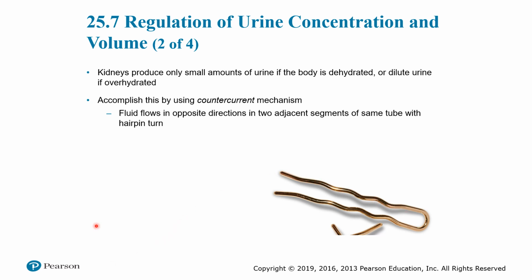Now let me just draw it here. So this is the loop of Henle. In the descending limb, the filtrate is flowing down, and then it turns around here, and then it flows up in the ascending limb. And these two limbs are very close.